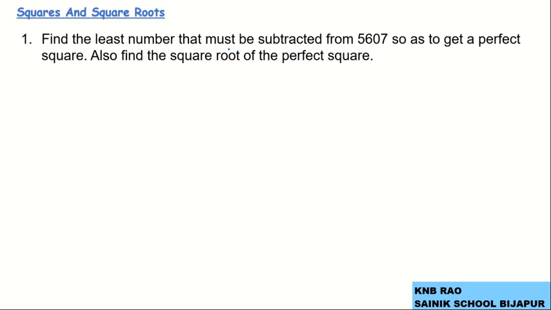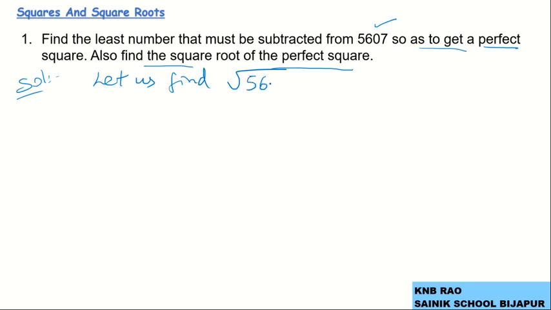Find the least number that must be subtracted from 5607 so as to get a perfect square. Also find the square root of the perfect square. Students, let us find the square root of 5607 by the long division method.